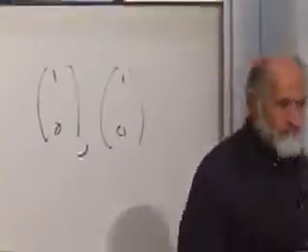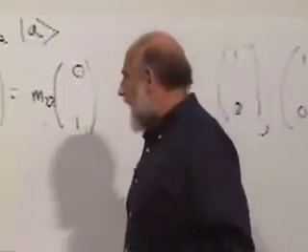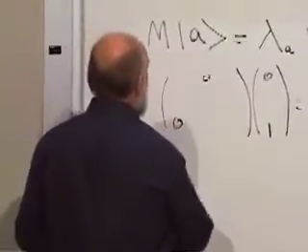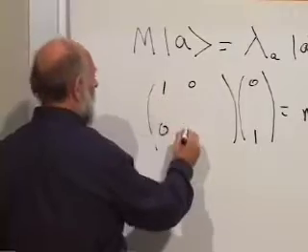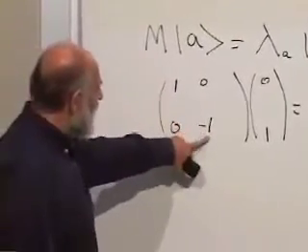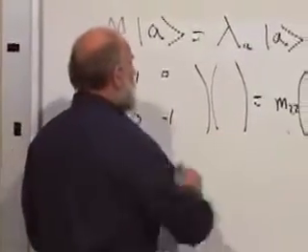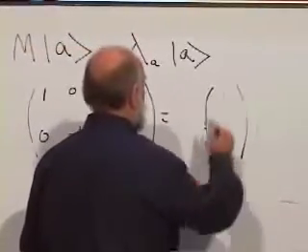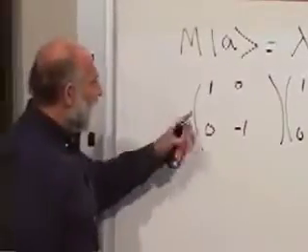For example, if I'm interested in up, down, and the spin of an electron, I might describe it by a matrix with a 1 and a minus 1. Then the eigenvalues would just be 1 and minus 1. The eigenstates would be 1, 0. That's a correct equation. All right.